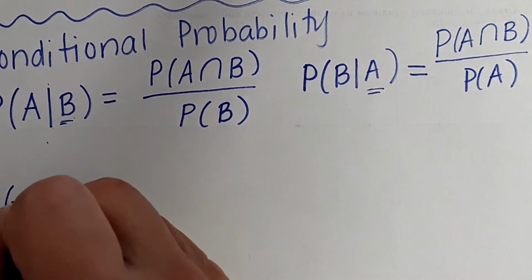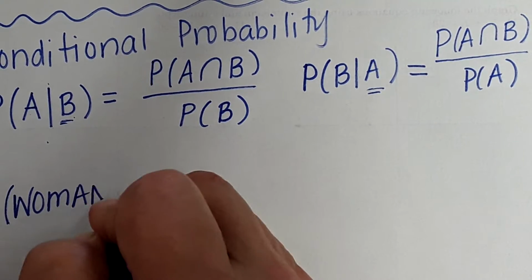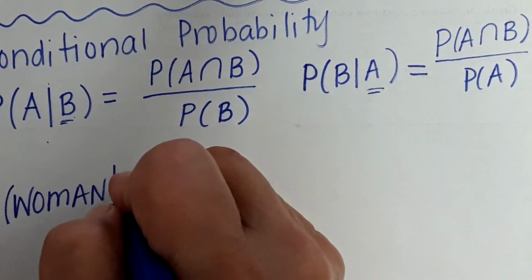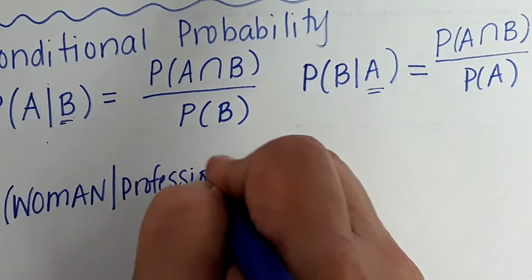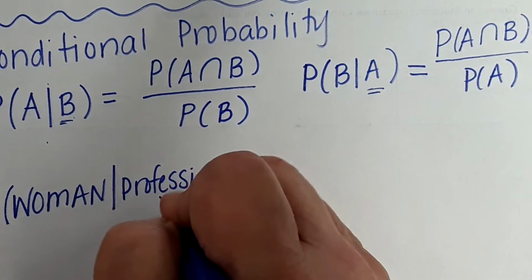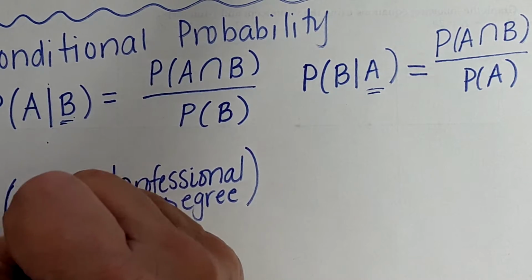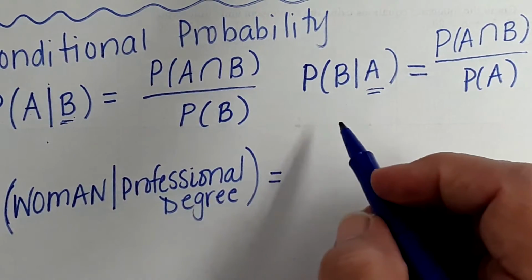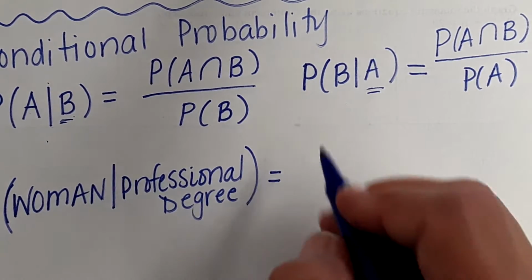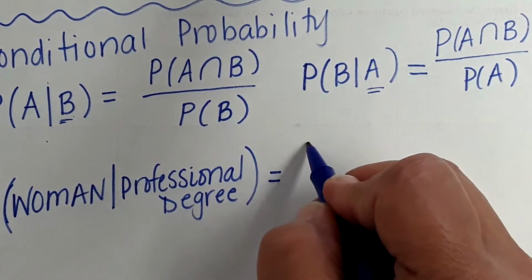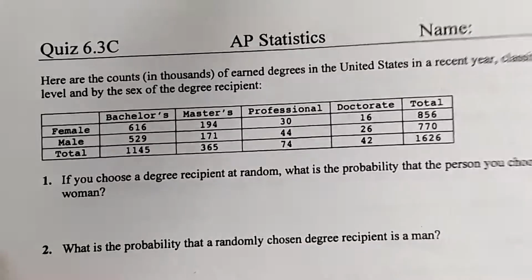So what's the probability that you pick a woman, given that they have a professional degree? You want the intersection of women and professional degree, and we decided that that was 30, right? So let me just show you.